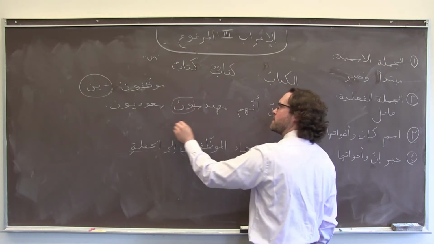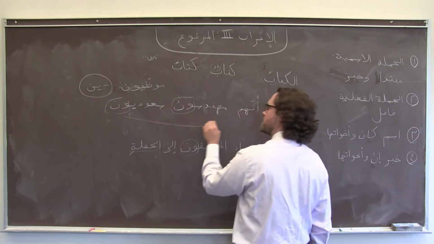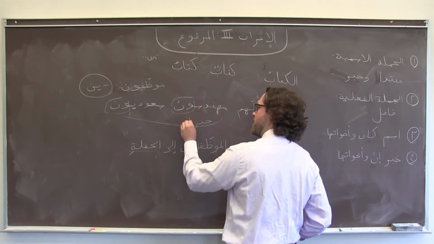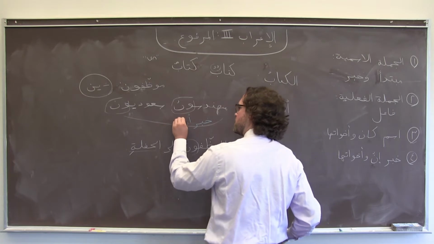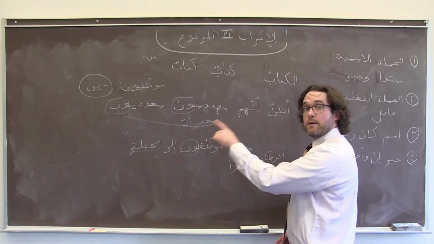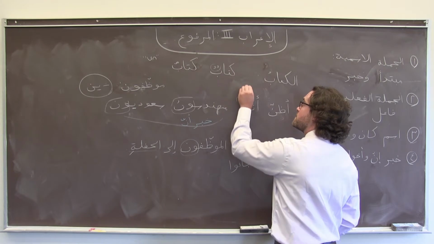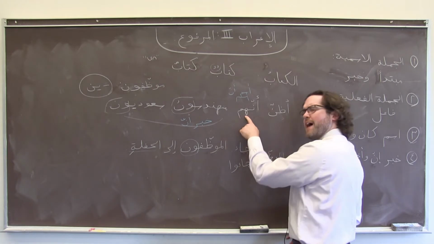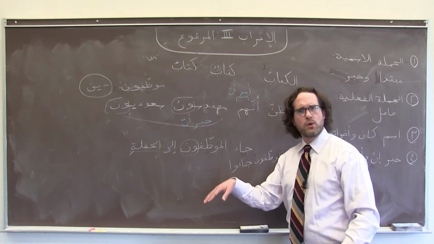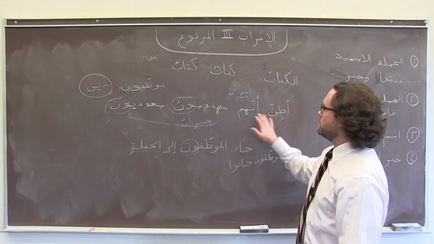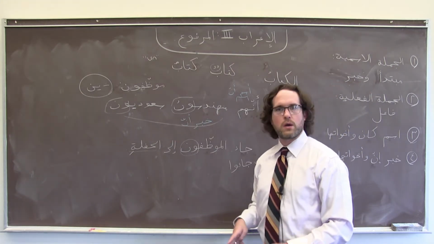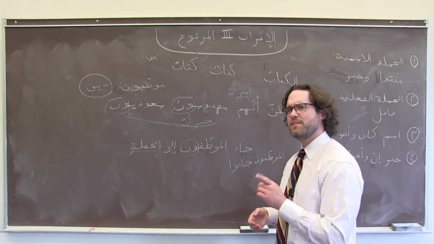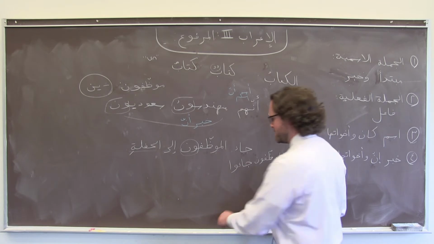Here, because this phrase, this noun and adjective, are the khabar of anna, they are marfu'a. This would be the ism anna. And because it's an attached pronoun, again, it's not going to take any sort of case endings. أظن أنهم مهندسون سعوديون.